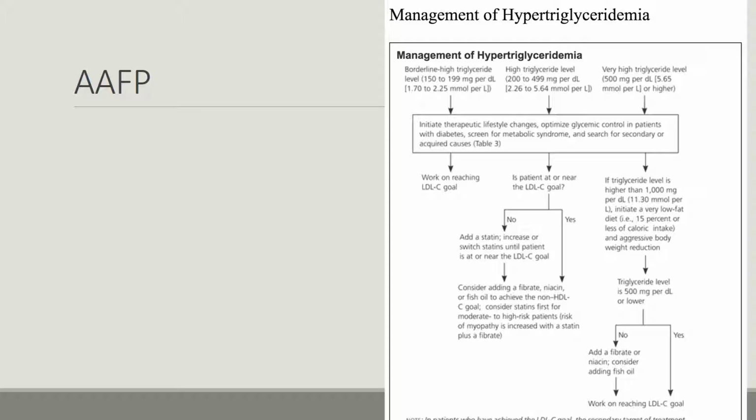And then the very high triglyceride levels, the greater than 500, are pretty much definitely getting pharmacological intervention for the triglyceride levels, as well as some significant therapeutic lifestyle changes. So you can take a look at that flow sheet and get an idea of what you would do in these cases.